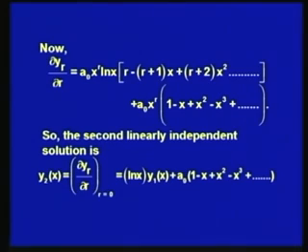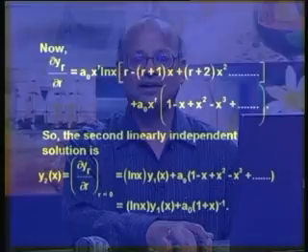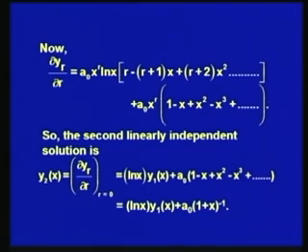And so when we put r equal to 0 in this expression for delta y_r over delta r, it will lead us to the second linearly independent solution of the given differential equation, that is y2(x). y2(x) is now equal to delta y_r over delta r at r equal to 0, which is ln x into y1(x) plus a naught into (1 minus x plus x square minus x cube and so on), which is equal to ln x into y1(x) plus a naught times (1 plus x) to the power minus 1. (1 plus x) to the power minus 1, we all know, is equal to 1 minus x plus x square minus x cube and so on, provided mod of x is less than 1.